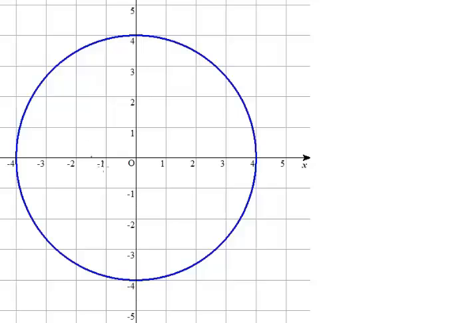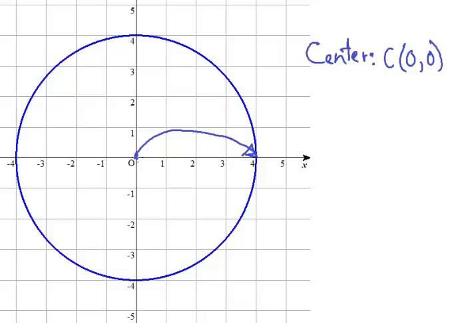Let's see some examples. In this case, which is the equation of this circumference? You can see that the center of this thing is here. So I know that the center is C 0, 0, because that's the place where the center is. I know that from this place to the point on the circumference, I have to move 4 spaces.